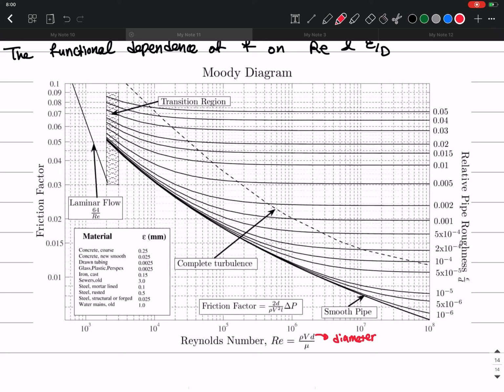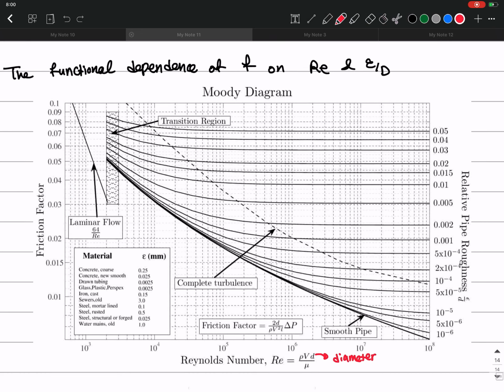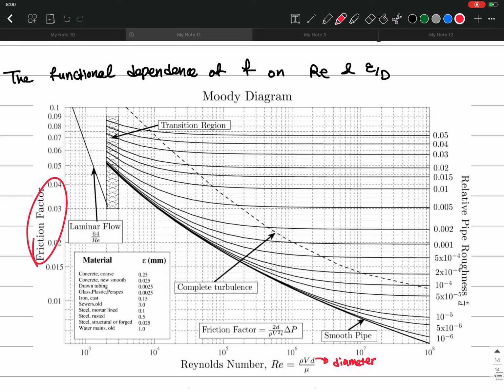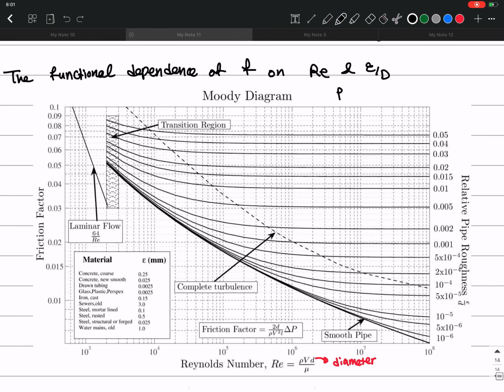And then in this axis we have the friction factor, and also here we have the relative pipe roughness, epsilon over d. So we want to find this friction factor as a function of Reynolds number and epsilon over d, okay?